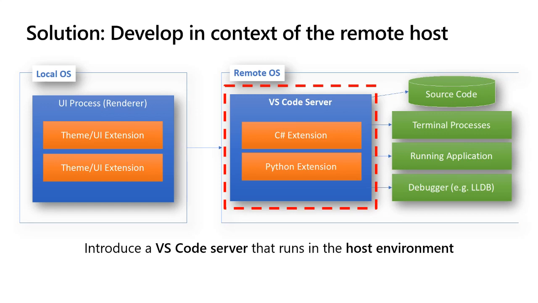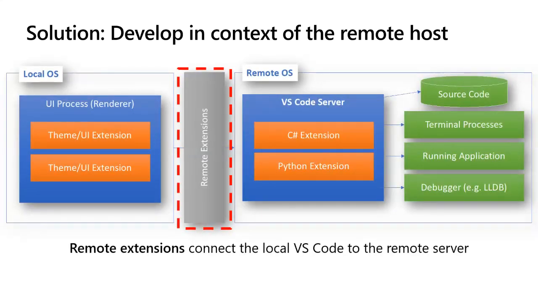And then the idea would be to go even further and introduce a layer between this Visual Studio Code Server and different environments. And this is how remote extensions for Visual Studio Code were actually born.